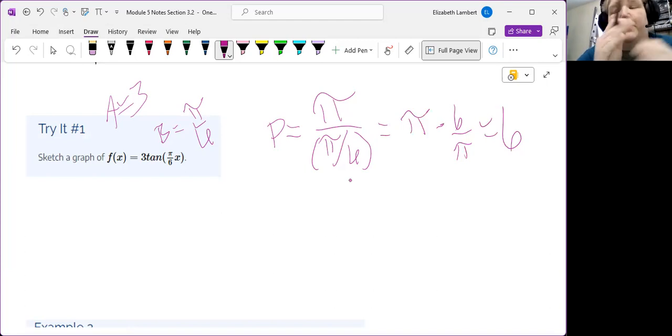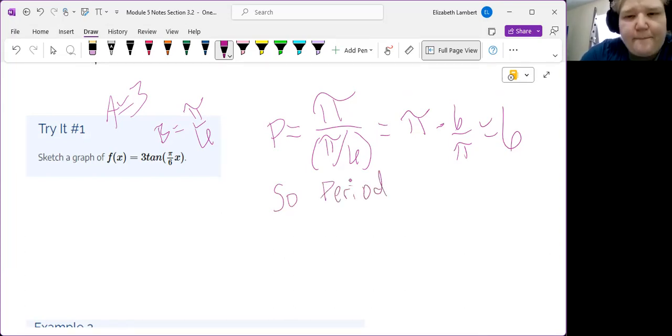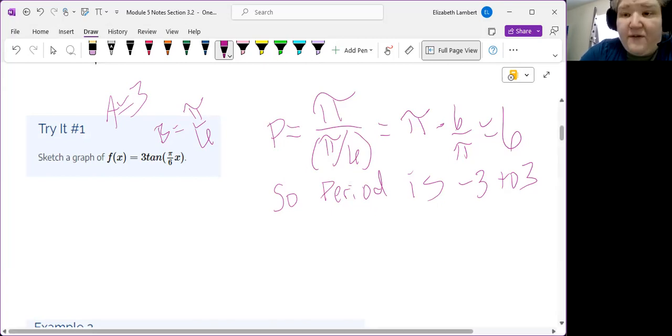So that is the width of the period, not where the period ends like it is with sine and cosine. So our period's going to go from -3 to 3. And then our halfway point, in between those, is 0.